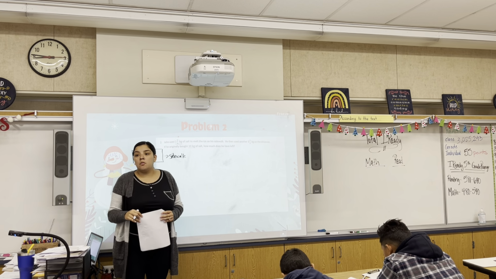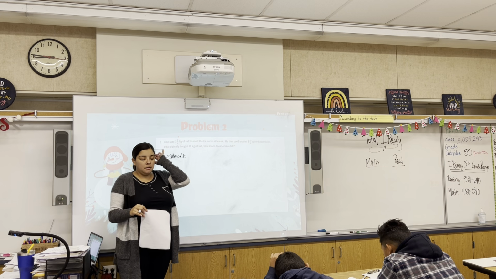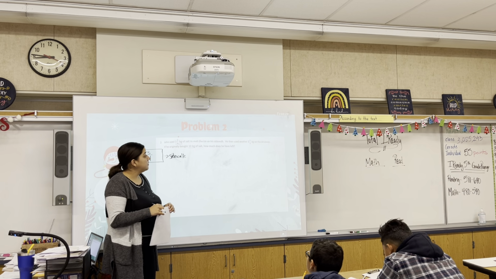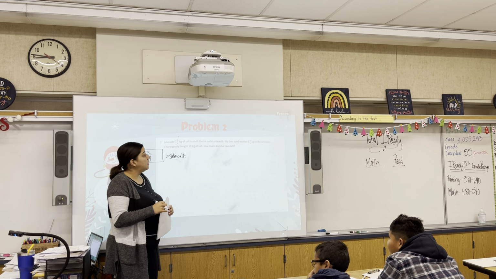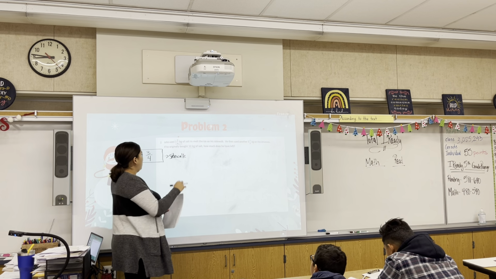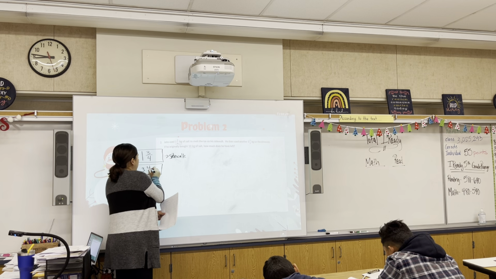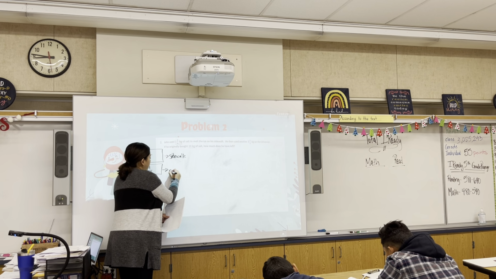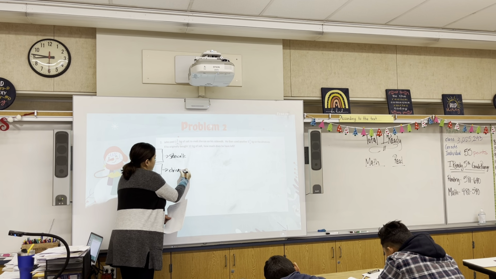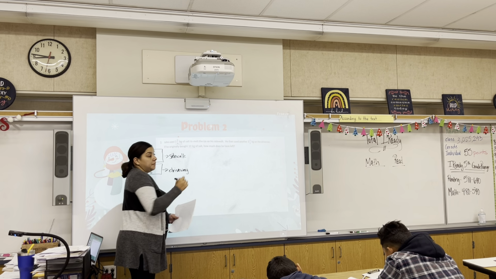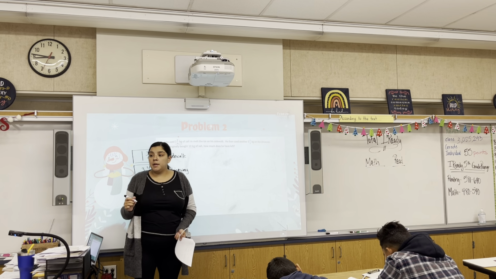What else do we know? Juan, sorry. He used another 3 4/5 on the driveway. Okay, good. So we used 3 4/5 on the driveway. What else do we know?